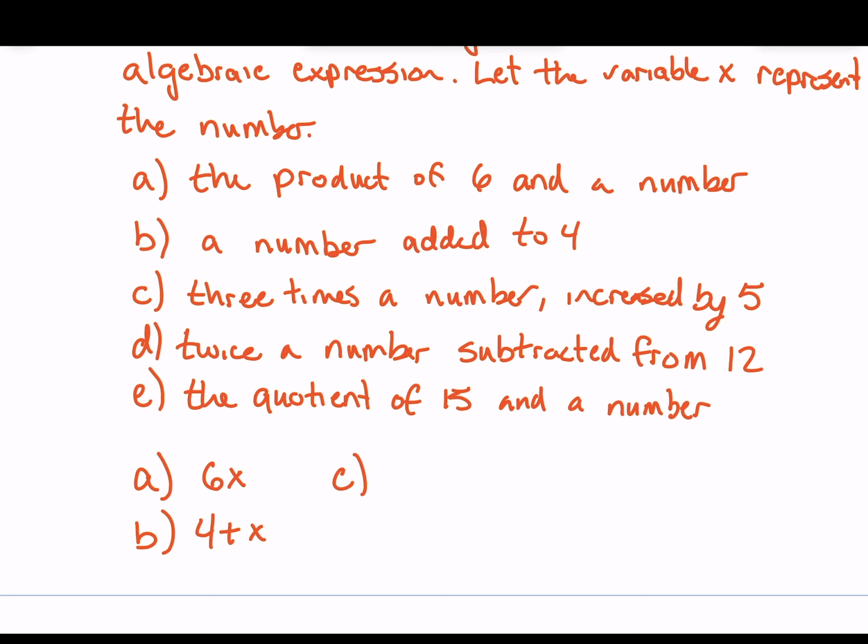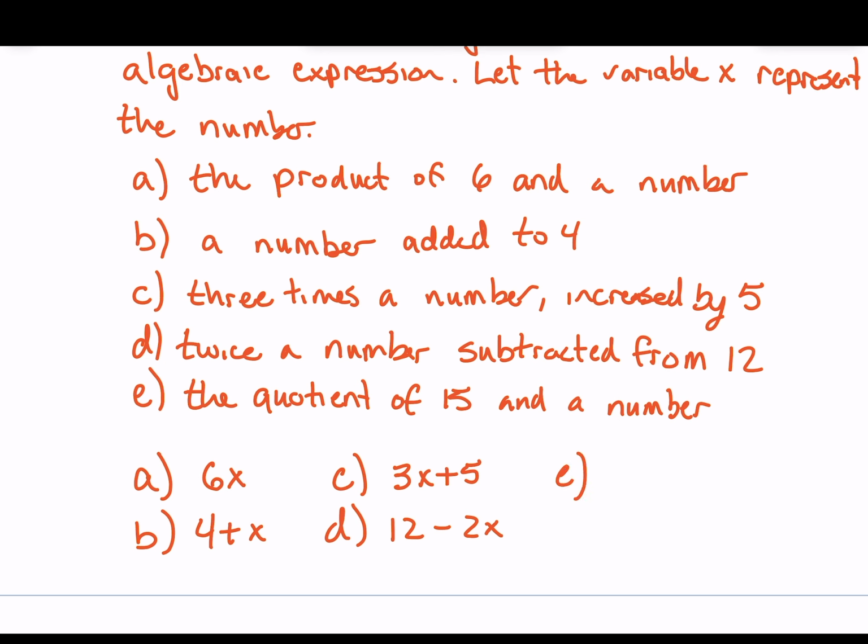For part C, 3 times a number increased by 5. So we have 3 times x, 3 times a number, increased by 5. That's a keyword for addition. So we'll add 5. D, we have twice a number subtracted from 12. So we start with 12 and we subtract 2 times a number. Well, x is our number, so we get 12 minus 2x.